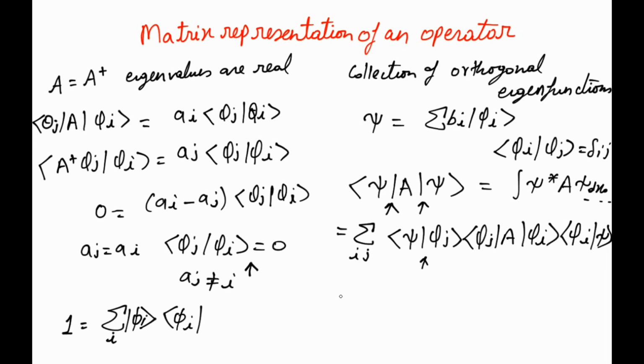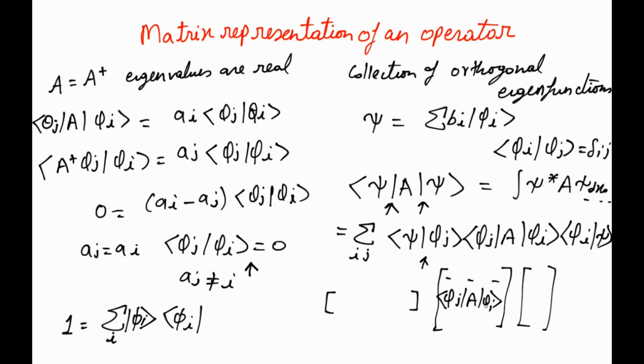Because we know that psi star is actually a row vector, and this is nothing but a matrix. There are entries for different j's and i's, because j changes from 1 to some value. So all these entries here correspond to phi j, A, phi i.